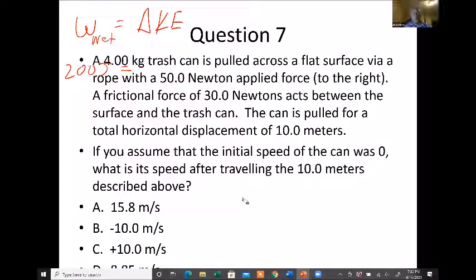So if we're finding the change in anything, what's the formula for finding the change in anything in physics? Final minus initial. So we want to take the final kinetic energy. And remember that kinetic energy is 1/2 m v squared. In this case, what's the final velocity?